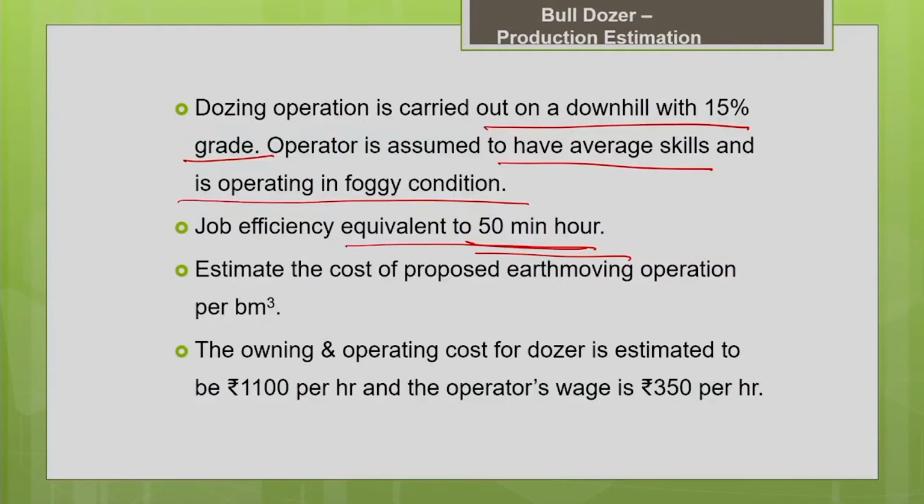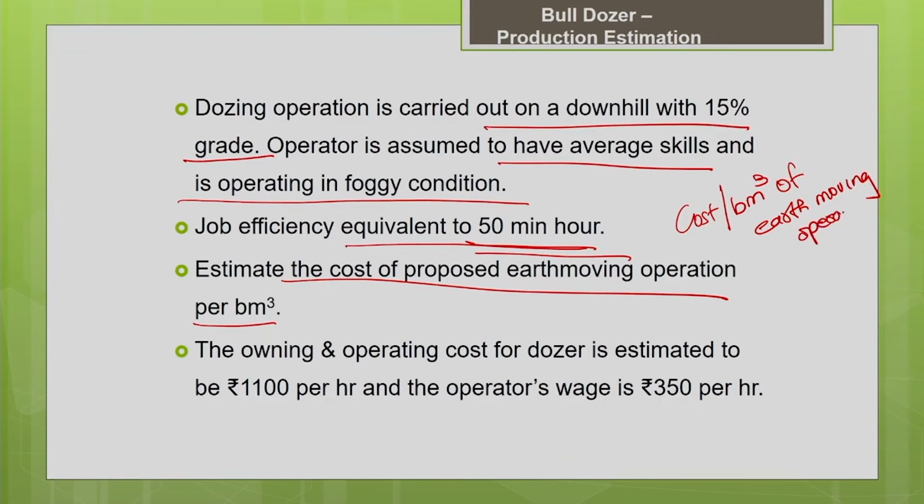After you estimate the productivity, you are asked to estimate the unit cost of the proposed earth moving operation per bank meter cube. That means the cost per bank meter cube of earth moving operation.